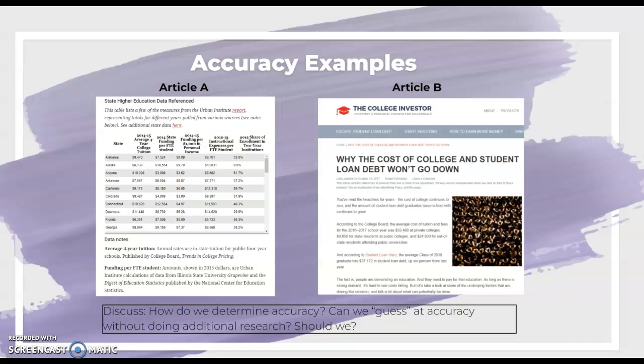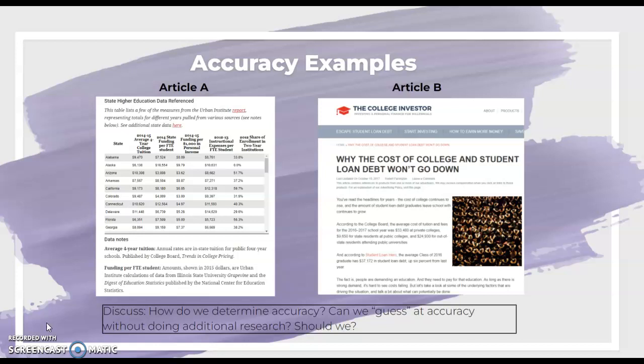In this particular example, in Article A, we have the state higher education data. Here's a table, and there are links to the original reports from the Urban Institute. Whereas on the right-hand side, in Article B, we have an article simply titled, "Why the Cost of College and Student Loan Debt Won't Go Down." There is a link in Article B to Student Loan Hero, but we're not sure if that's really a reputable site or not.